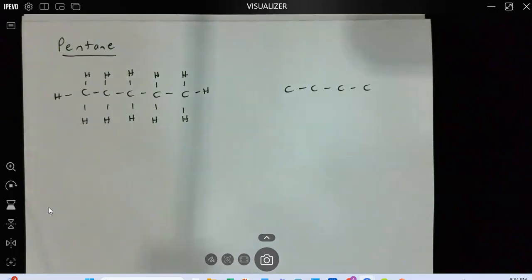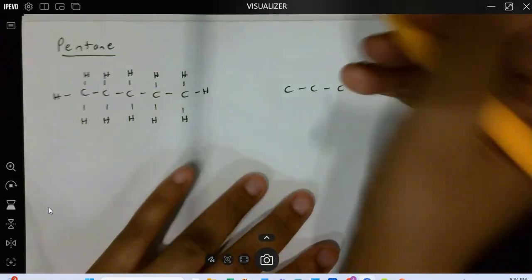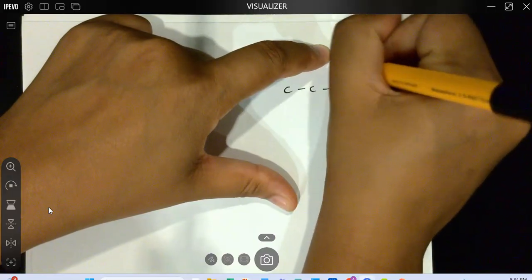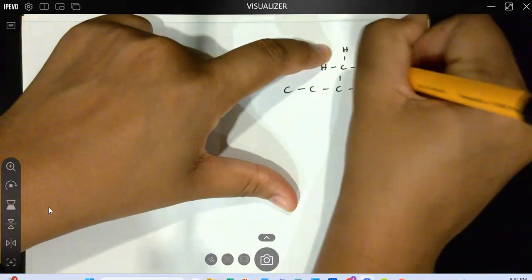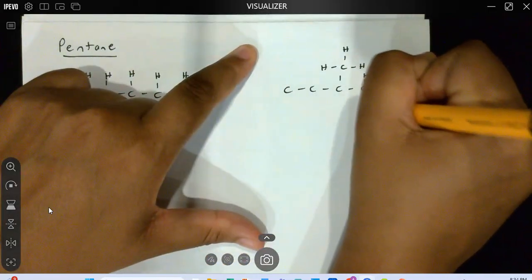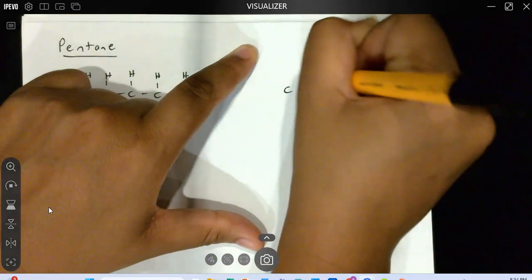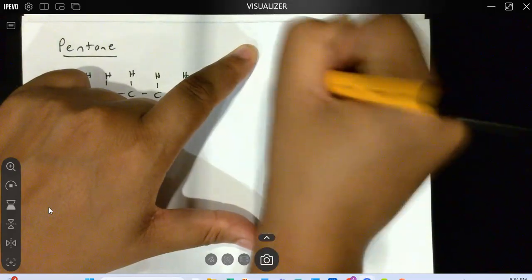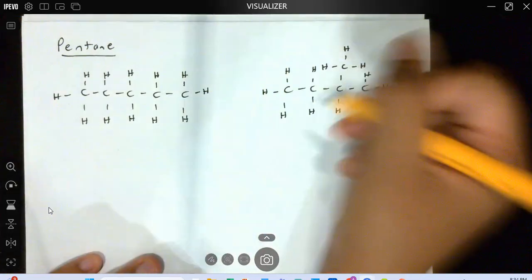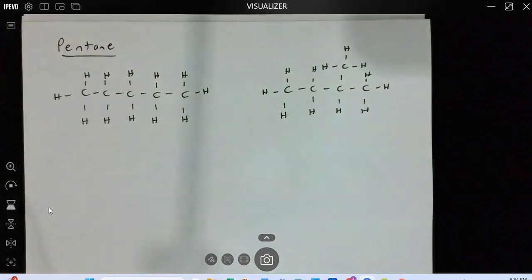It doesn't have a different displayed formula. So I know I need to put my branch somewhere. I'm going to put it on this second carbon here. Draw my hydrogens in. So that's my second isomer.